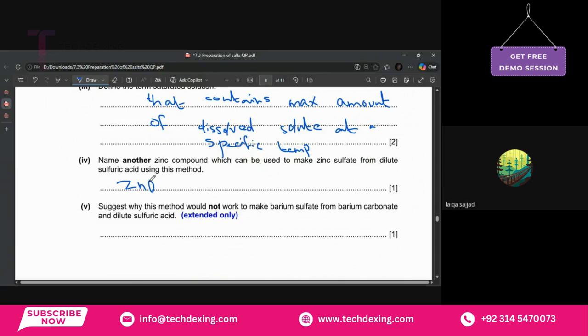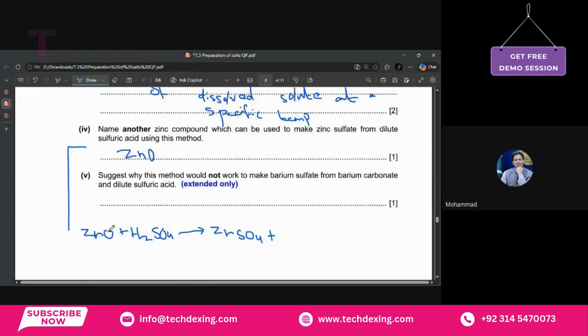What would we get if we react zinc oxide with sulfuric acid, H2SO4? What would be the products? Zinc sulfate. It would be zinc sulfate plus H2O plus CO2.